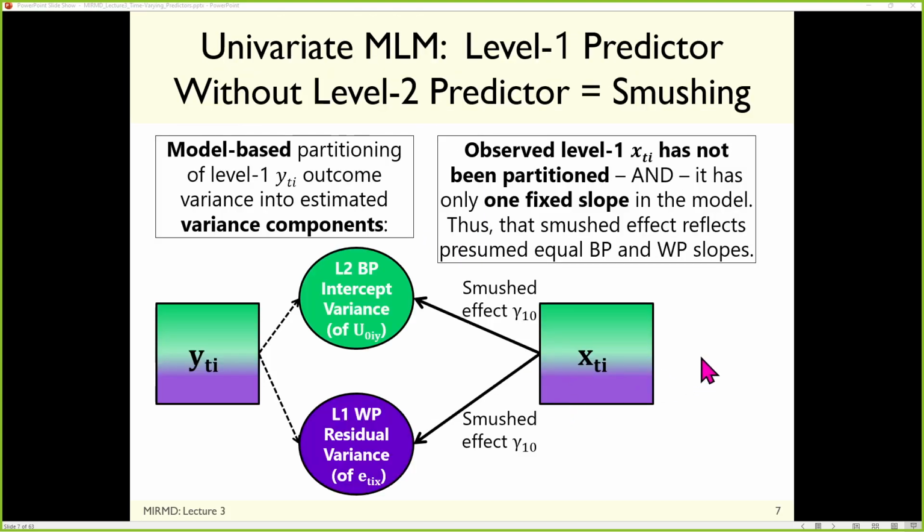Graphically, here's the problem. On the y side, we have let the model partition the variability in y into, at a minimum usually, a random intercept variance at level 2 and a within-person residual for the deviations around those person means at level 1. On the x side, we have not done that.